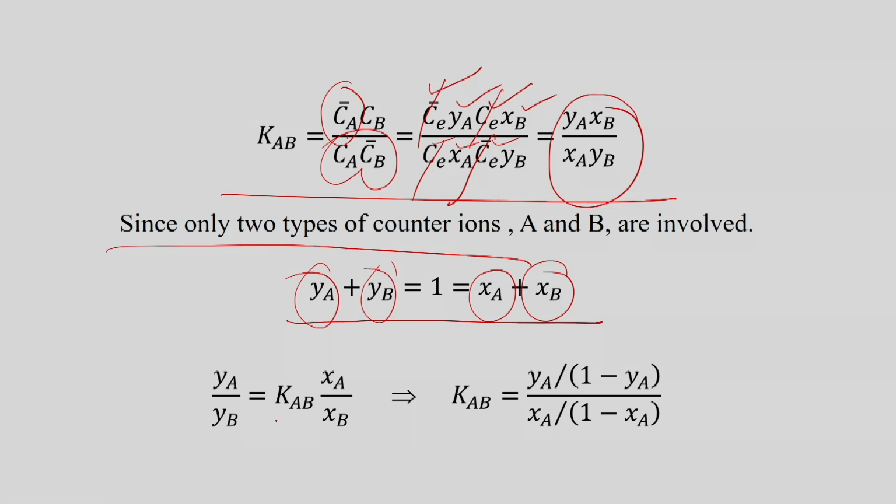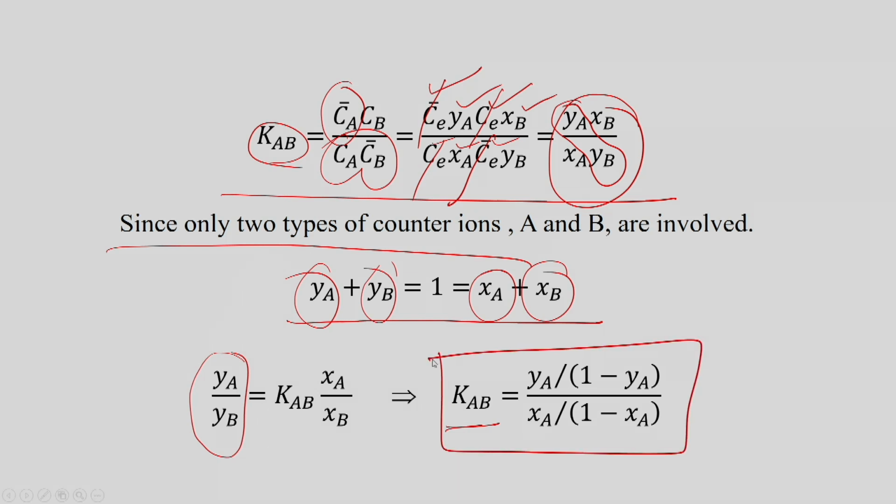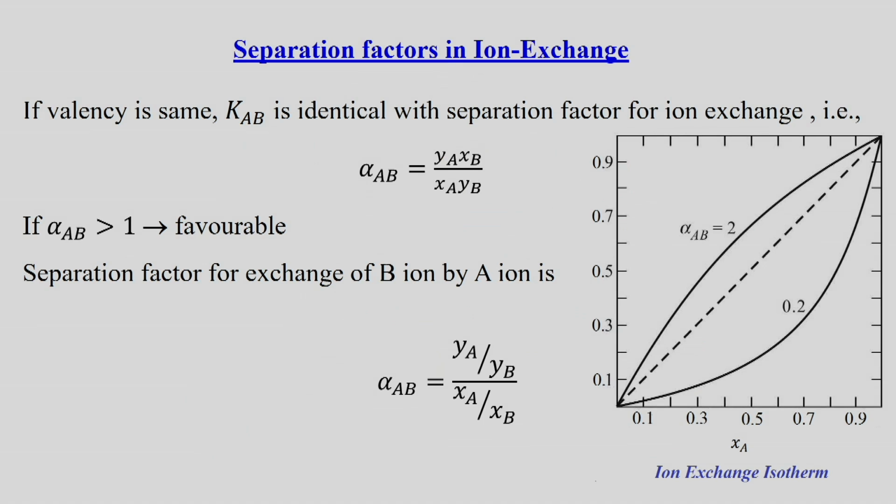Then Y A by Y B will be K B into X A by X B, and by manipulation, K B will be equal to Y A by 1 minus Y A, divided by X A by 1 minus X A. So, this is the ion exchange resin equilibrium constant K A B, where A and B are two counter ions.